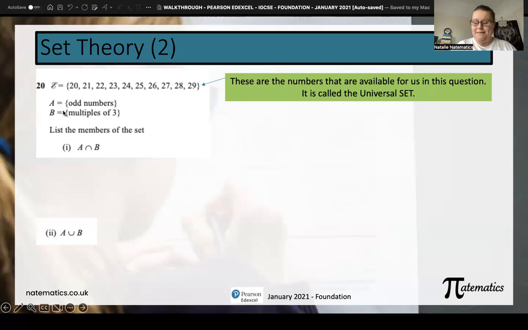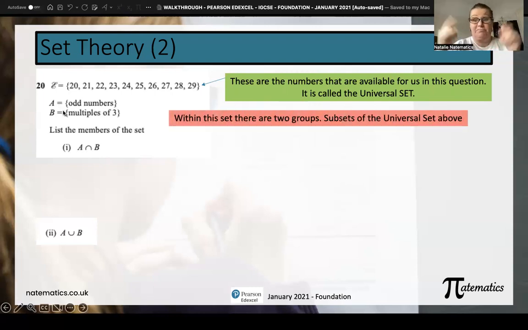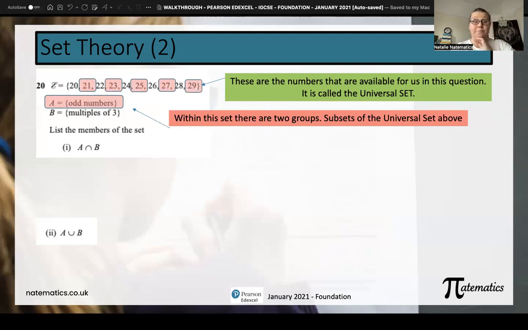We are told that A is the set of odd numbers and B is multiples of 3, and again they're in these brackets that show they're sets. These are subsets of this set here. So for A, they are the odd numbers that are in here. Let's go through and pick the odd numbers out so we can list them.